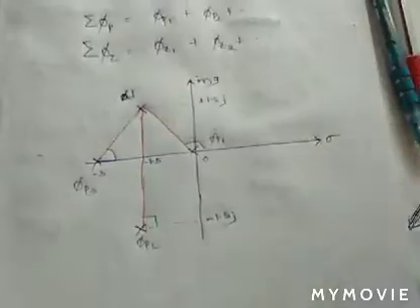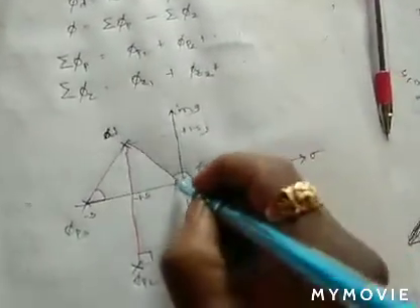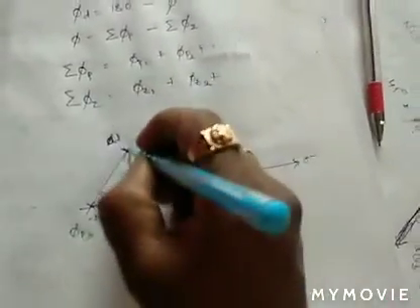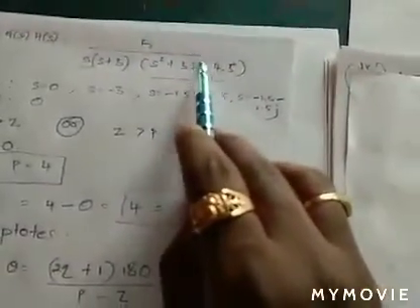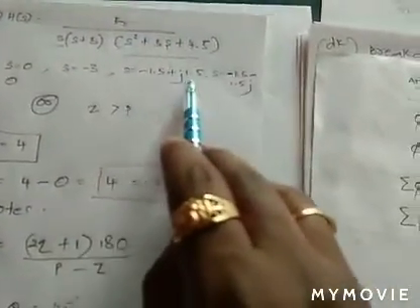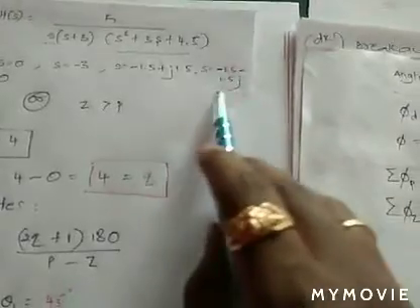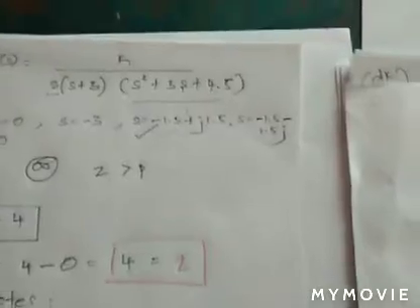So I have redrawn the diagram. We should draw the diagram separately for the angle of departure. We have 4 poles. For the angle of departure we consider the complex roots in the denominator: minus 1.5 plus j 1.5 and minus 1.5 minus j 1.5. Consider the positive one, so it will be easy to calculate.